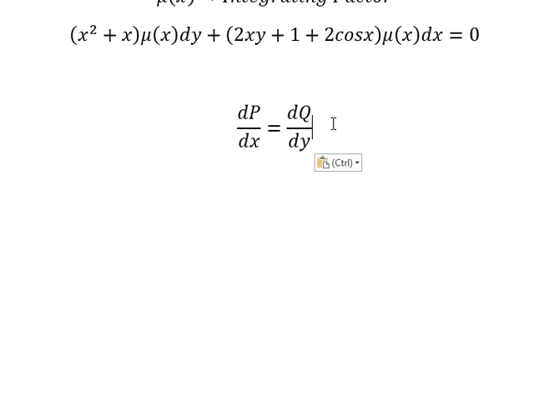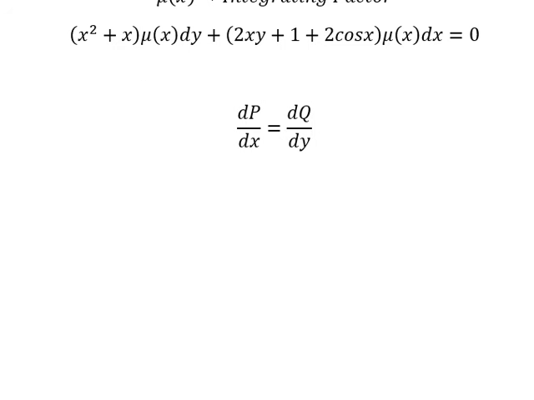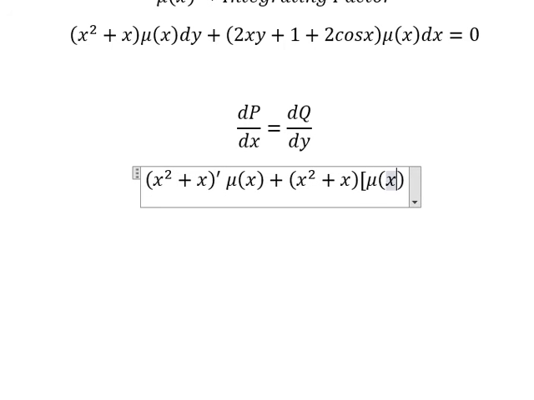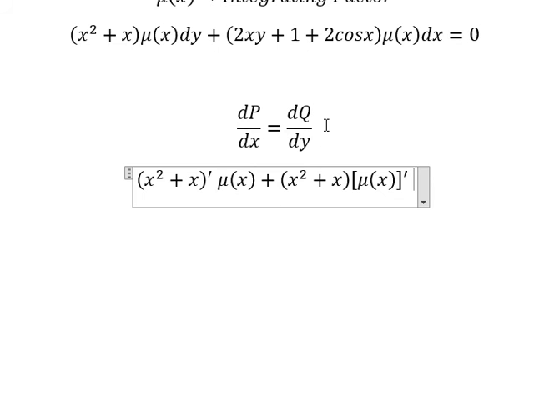So now, if we do first the derivative of this one with respect to x, we will have this one like this plus this one. We just apply the product rule of the derivative.